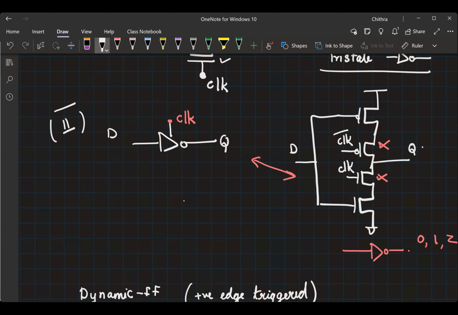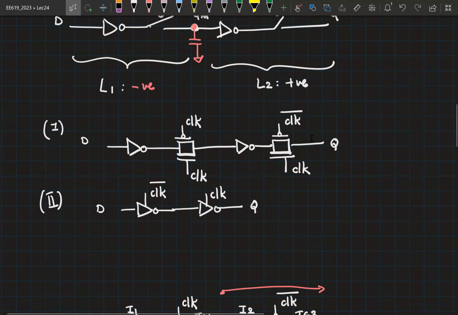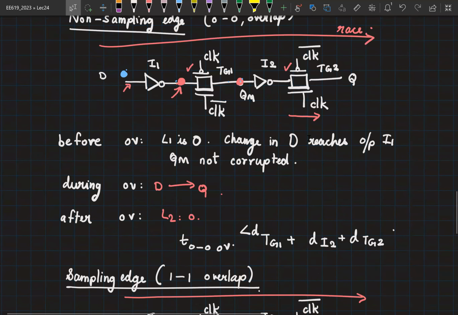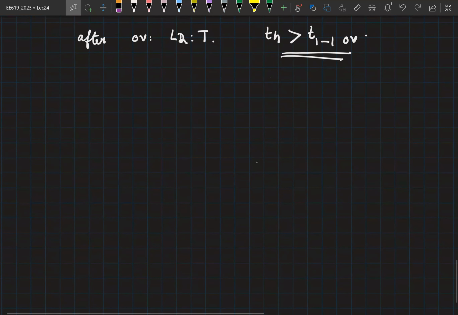This latch is also called a C-square MOS latch, where C square stands for clocked CMOS. So this is the C square MOS, clocked CMOS latch. So what we are now looking at is a C square MOS flip-flop.